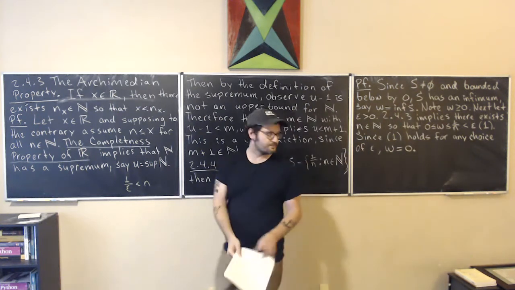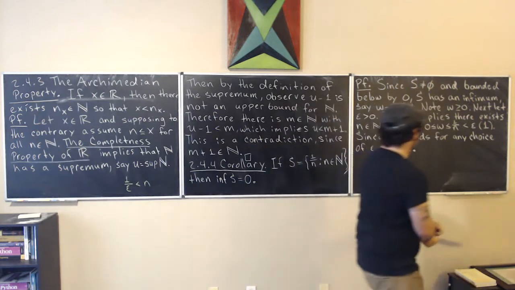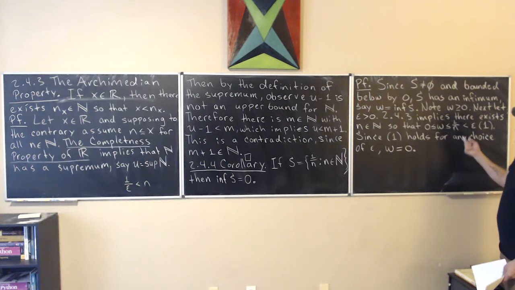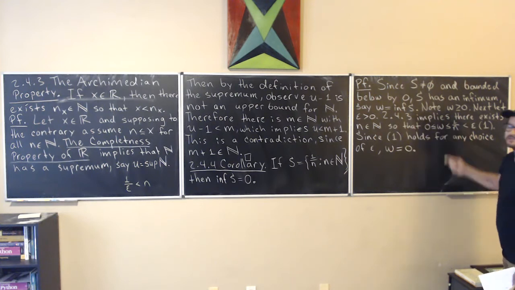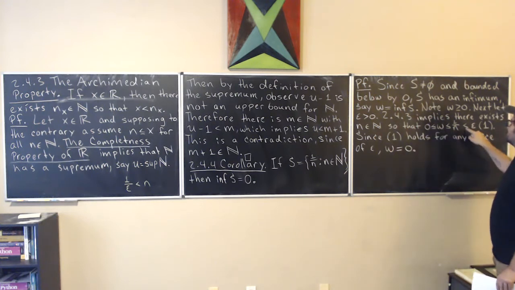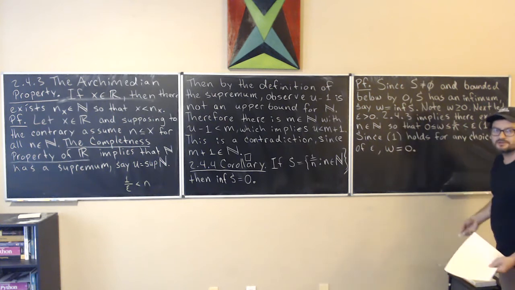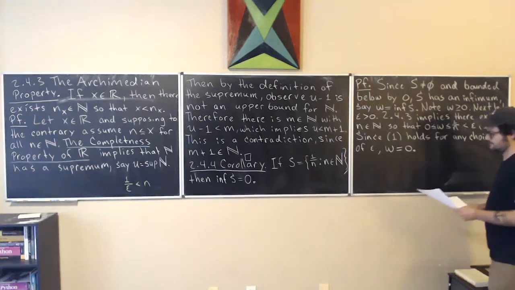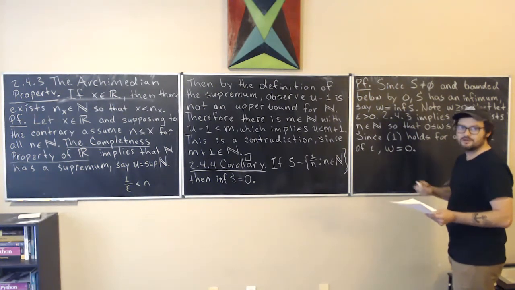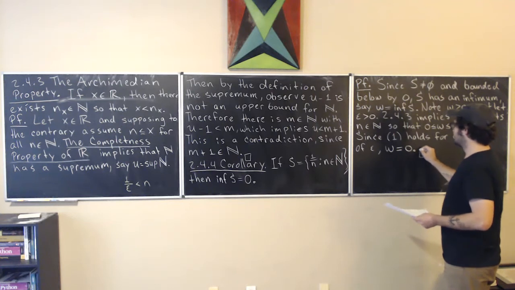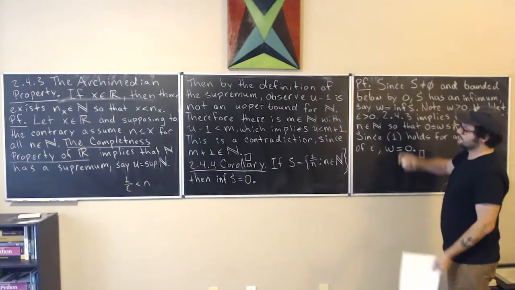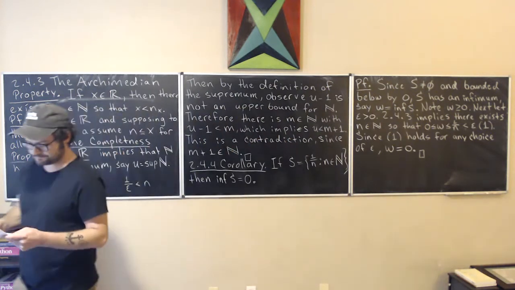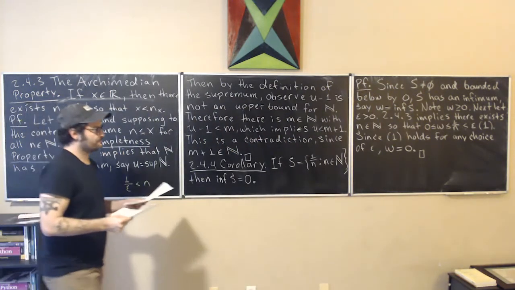Why is that? In a previous lecture, we showed that if a number, say W in this case, is greater than or equal to 0 and strictly less than epsilon for all epsilon, then W must equal 0. You can prove that by contradiction if you don't have it next to you. But W is the infimum of that set, so that concludes the proof of this corollary.